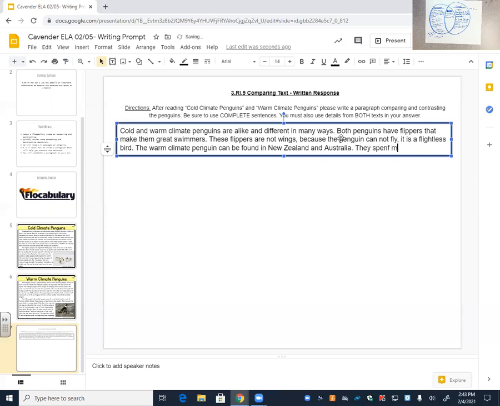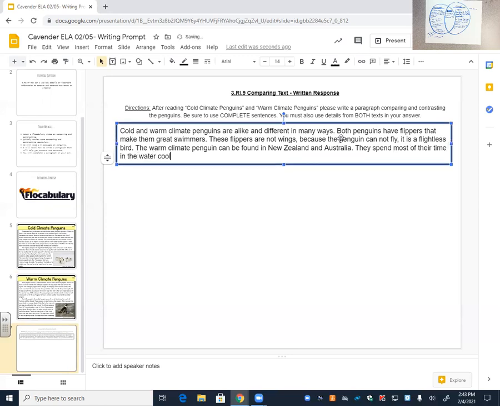They spend most of their time in the water cooling down so they do not overheat.